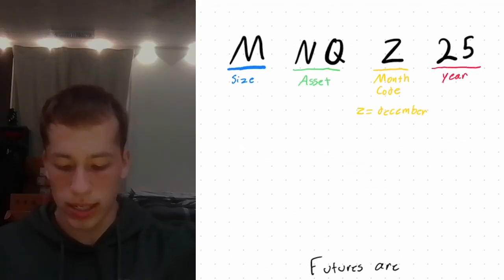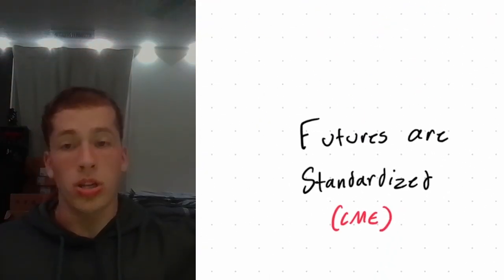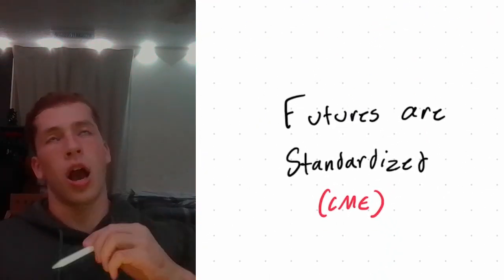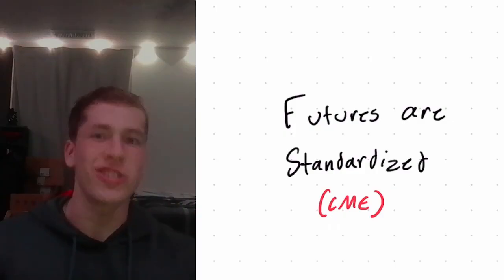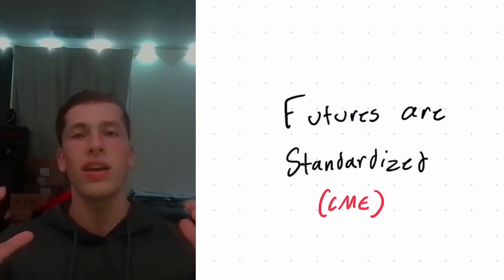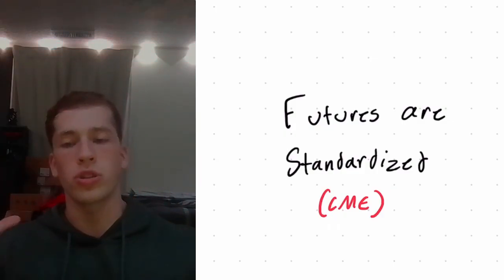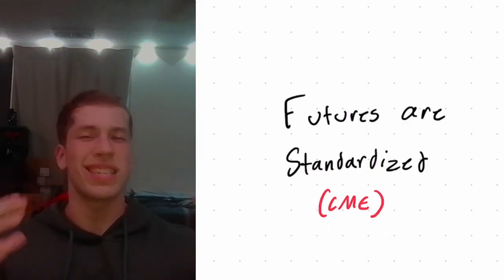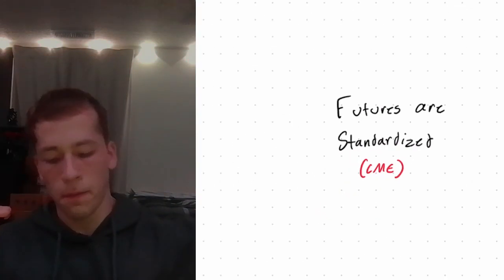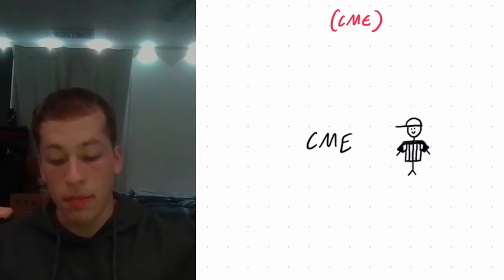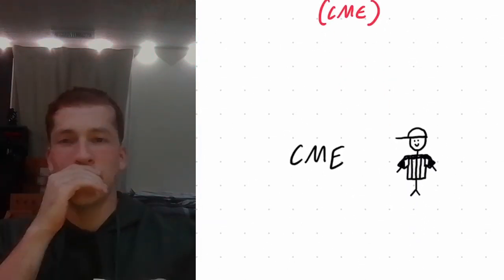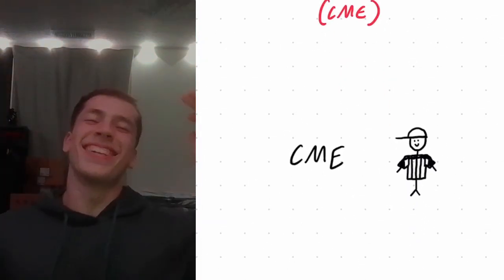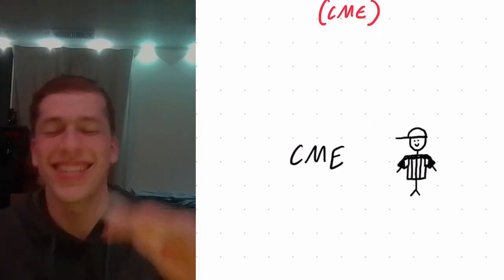Pretty straightforward. Now, futures are standardized by the Chicago Mercantile Exchange, meaning when people are going to buy futures, they're buying futures in this massive pool of liquidity. So liquidity is never really an issue with these. The Chicago Mercantile Exchange is like the ref.